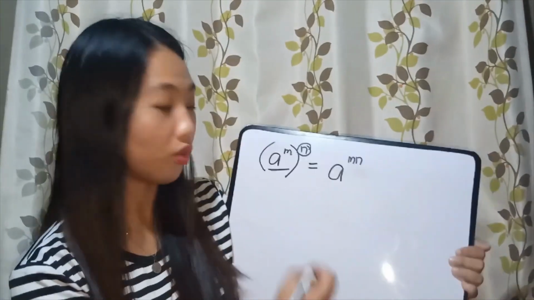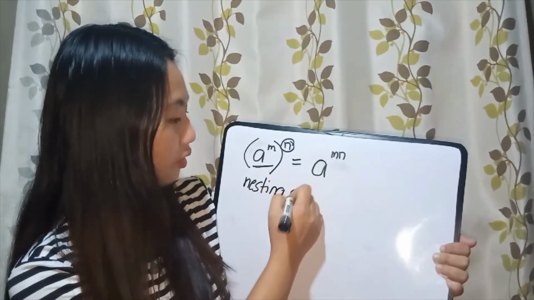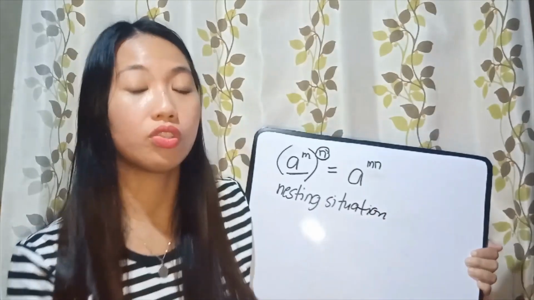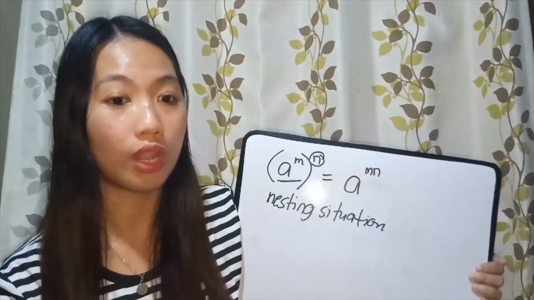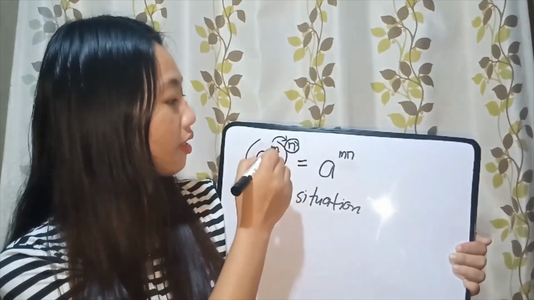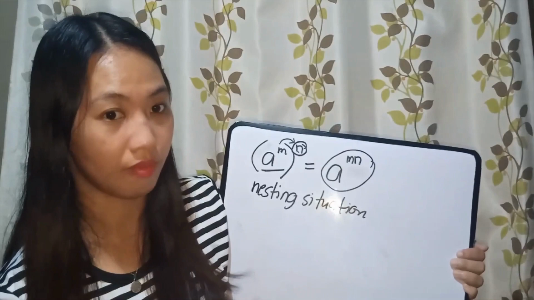So it is what we call the nesting situation. It tells that to simplify, we just multiply the exponents. Okay, so multiply m times n so we can come up with a raised to mn.